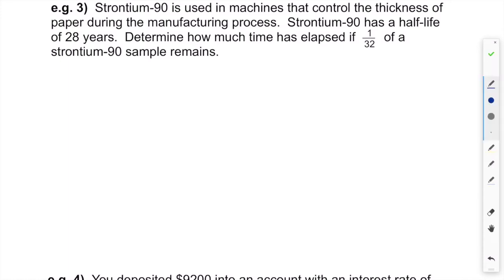So remember that half-life means the time it takes for a radioactive substance to decay to half its activity. The activity is halved. You may also recall that the amount of activity remaining, sometimes in math we just refer to it as the amount left, is based on taking your original amount A0, and then every time it undergoes one half-life period, you only get half of the original amount.